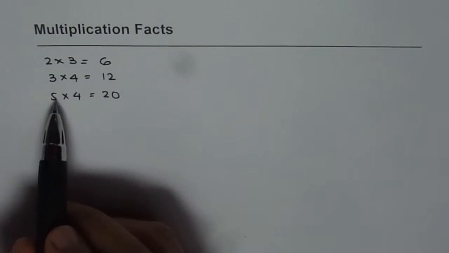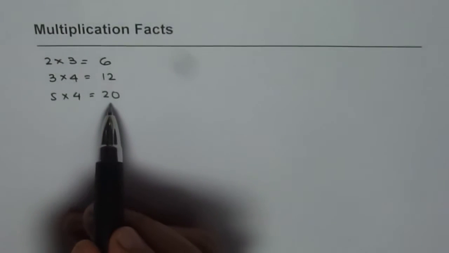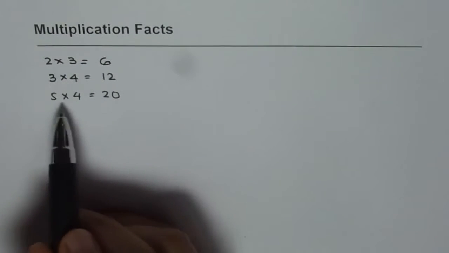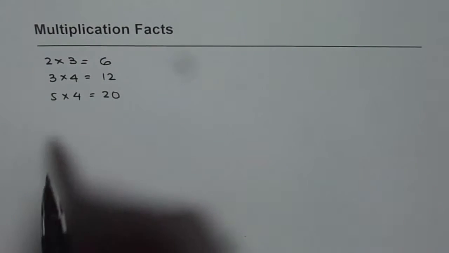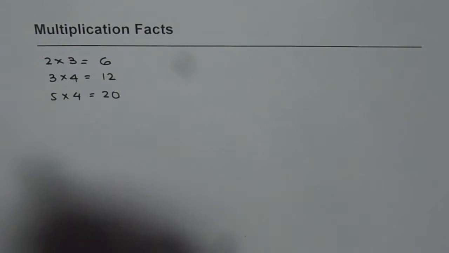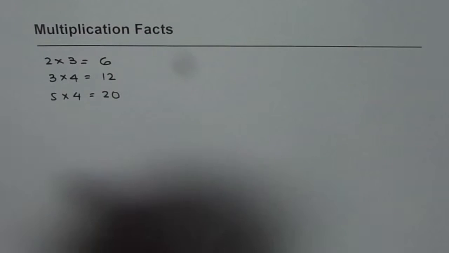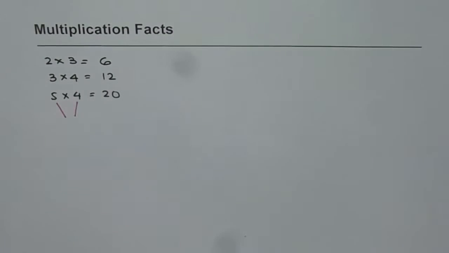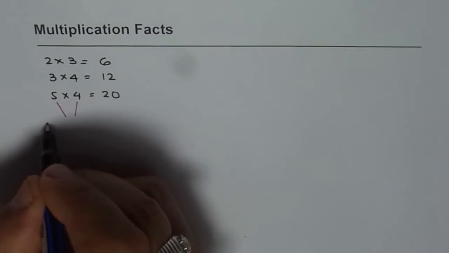You see, when you multiply two numbers, you get a product, and that product is always greater than the numbers themselves, right? These numbers are called factors. Let me write down.